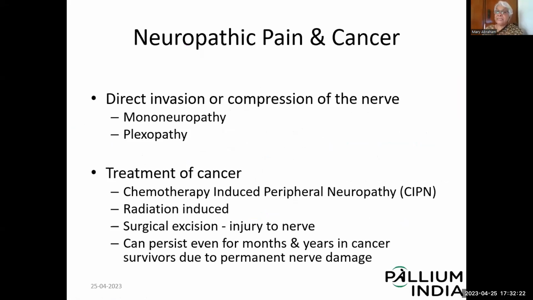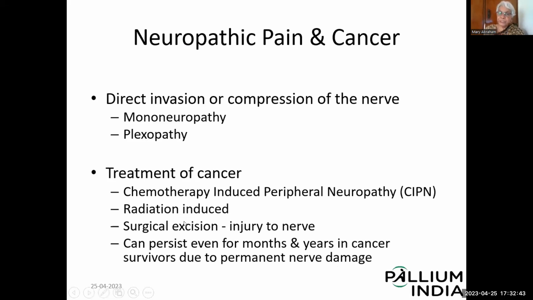Now, I told you the incidence is as high as 40%. It can be because of the direct invasion or compression of the nerve by the cancer, or it can be because of the treatment of cancer. For example, chemotherapy induced peripheral neuropathy, CIPN, damages the peripheral nerves, or it can be radiation induced.